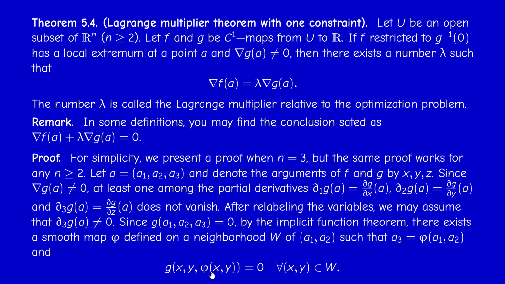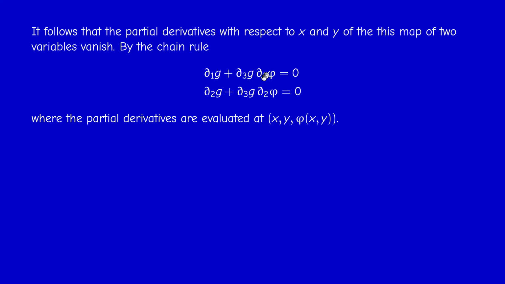So therefore I get the partial derivative of g with respect to the first variable times 1, plus the second one times 0, plus the third one times the derivative of phi with respect to x.